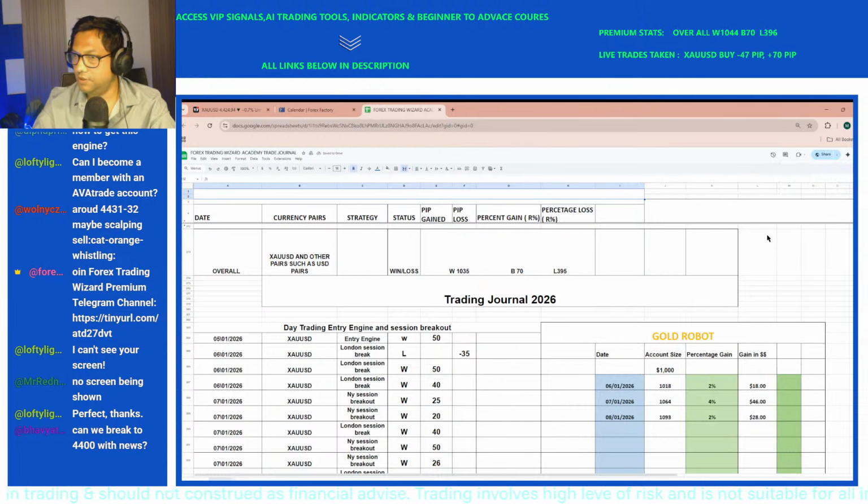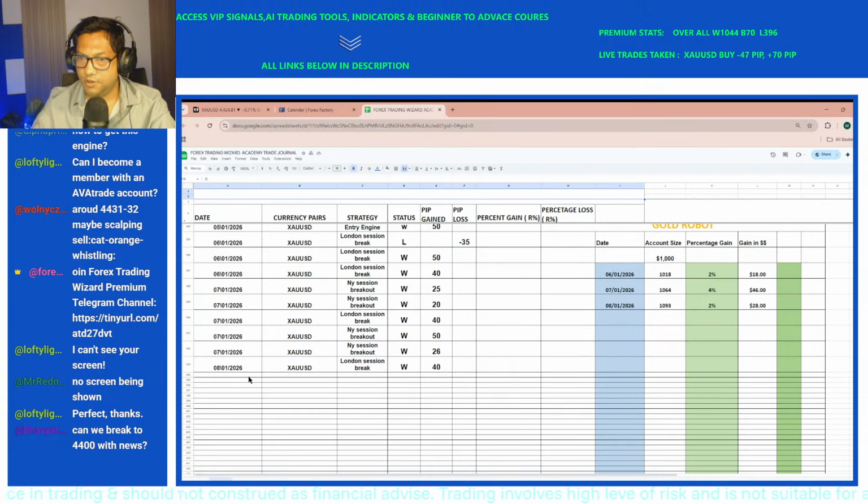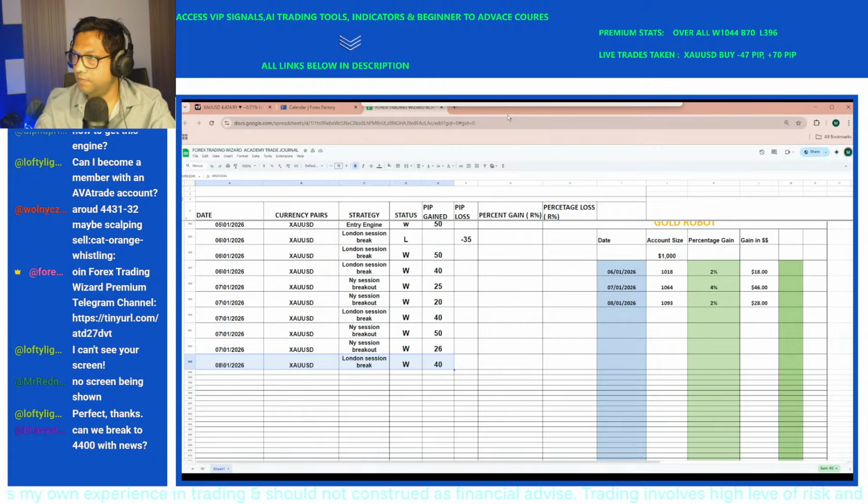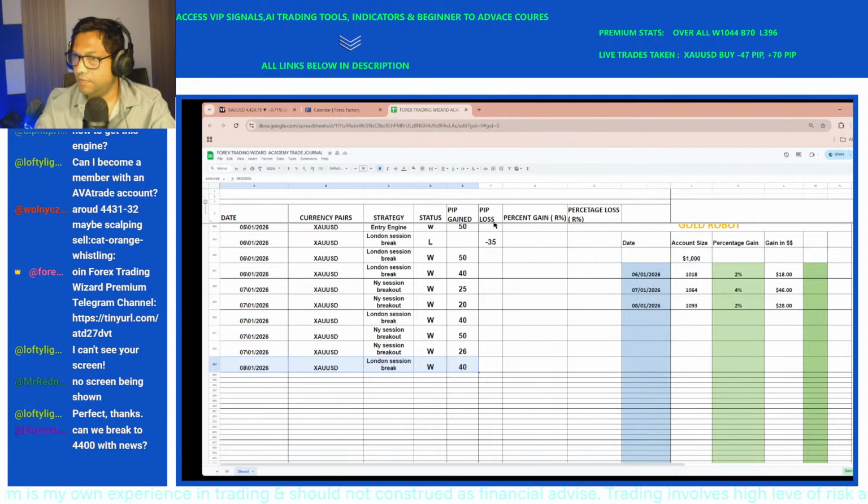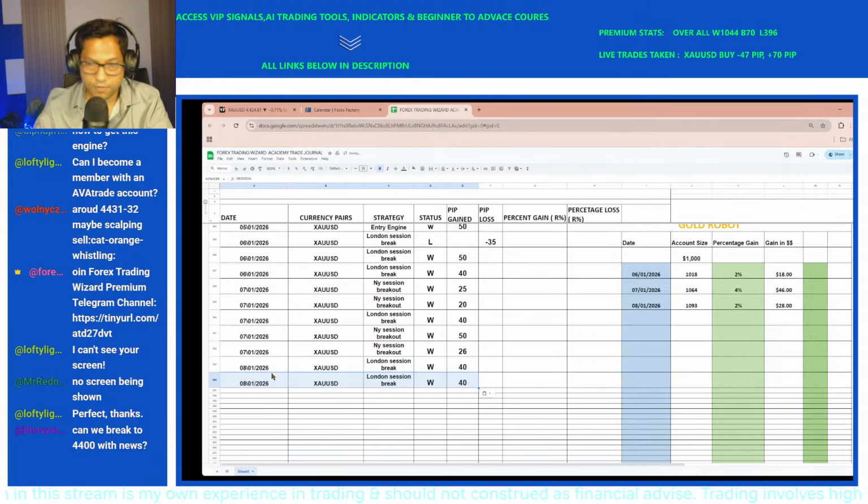Okay, so here is the journal, looking at two trades.